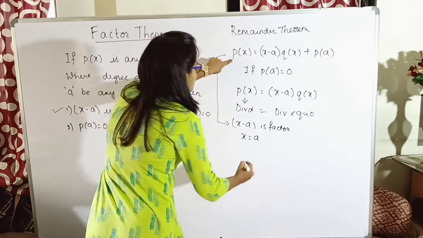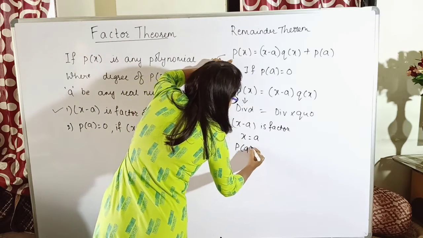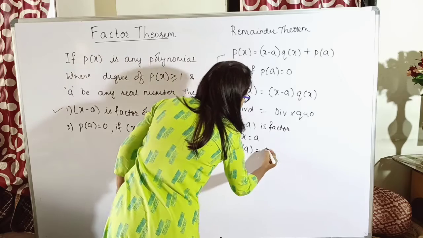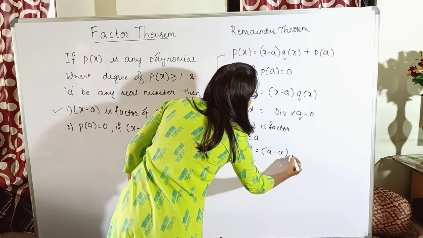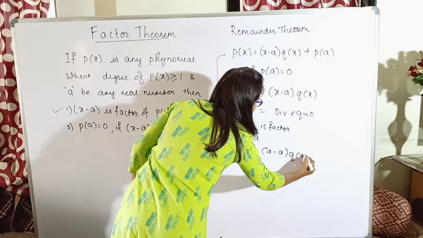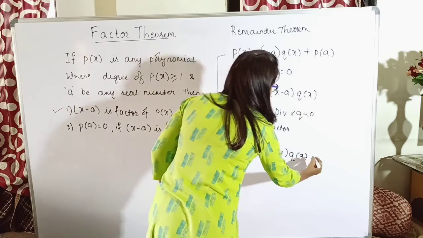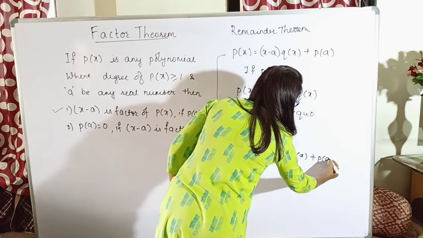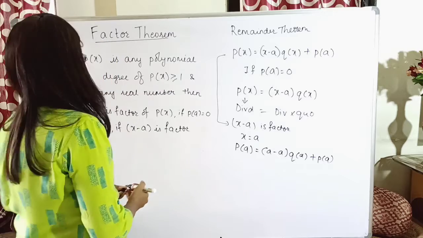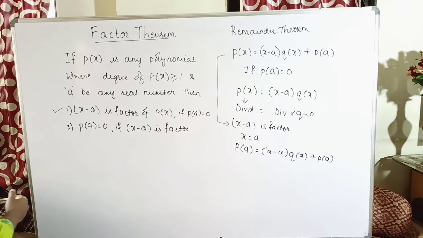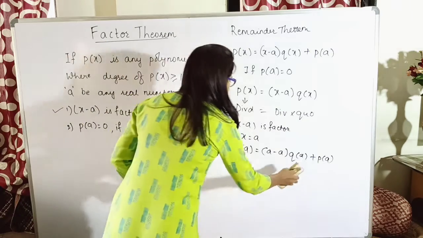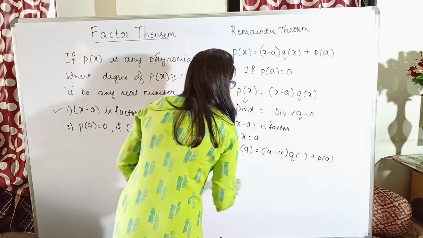What I will get? This will be my p of a, and here it will be a minus a into q of a plus p of a. So what am I getting? Yes, as you can see, here actually we write only q of x.